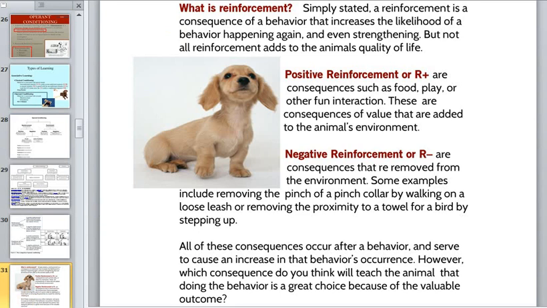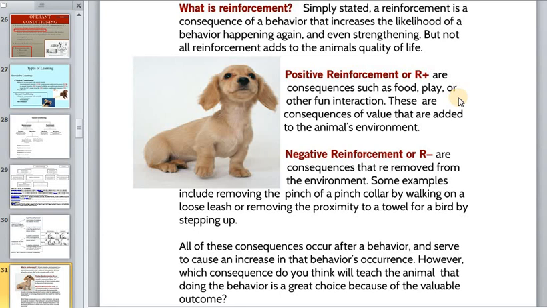But not all reinforcement adds to the animal's quality of life. Here we see positive reinforcement, R plus, such as food, play, or fun interactions.